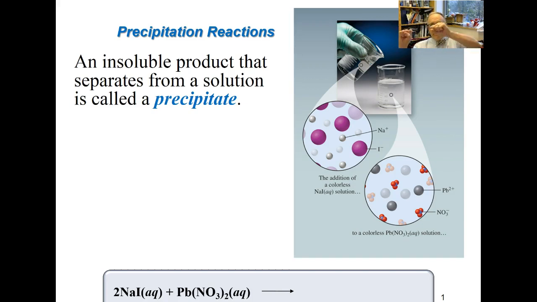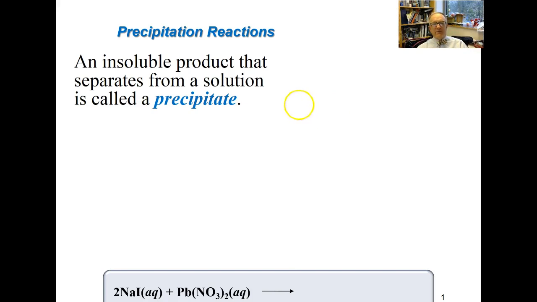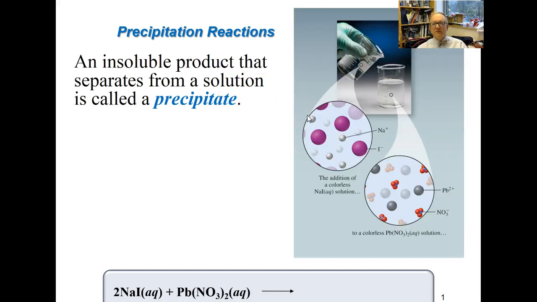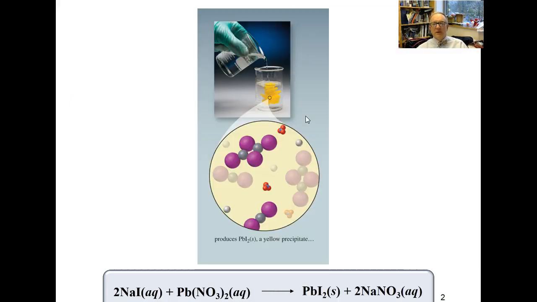Now let's pour them together and watch what happens. And so as we pour them together, this yellow cloud forms. And what we see being formed is lead iodide, a yellow precipitate.